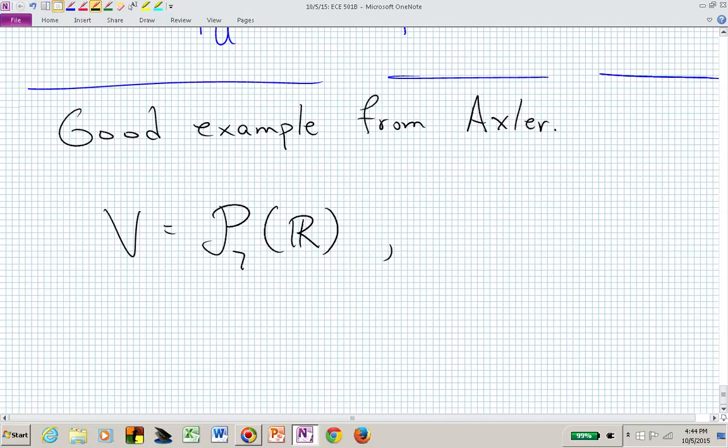Polynomials of degree at most 7. So the coefficients are real, and x is real. Now let's consider the linear map on that vector space to be T, which for this example, let's let be the differentiation map.